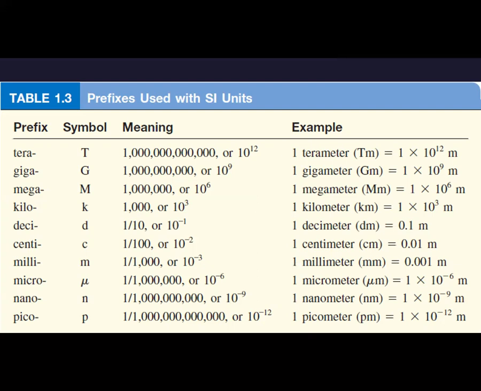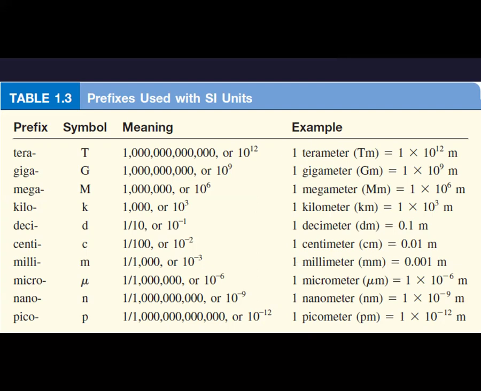We have tera, which means 10 to the 12th power. So 1 terameter, with capital T and small letter m, which denotes meter, is equal to 1 times 10 exponent 12 meter.